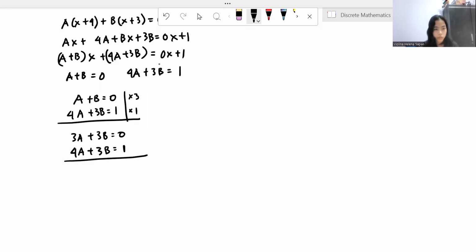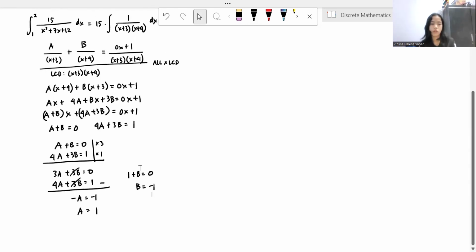And we can eliminate the 3b. So 3a minus 4a equals minus a, and 0 minus 1 equals minus 1. So a equals 1. After we got a, we can substitute it into this equation. So 1 plus b equals 0, so b equals minus 1. Let's write this equation again.